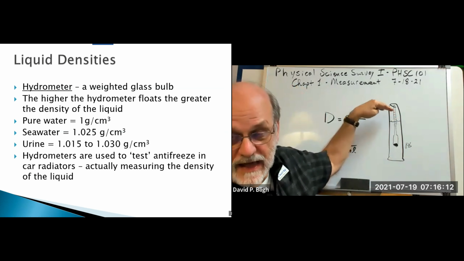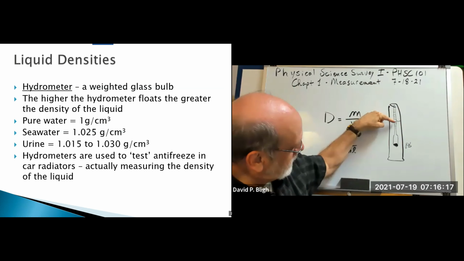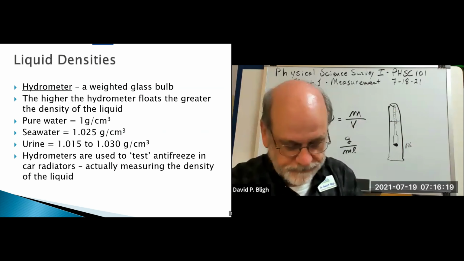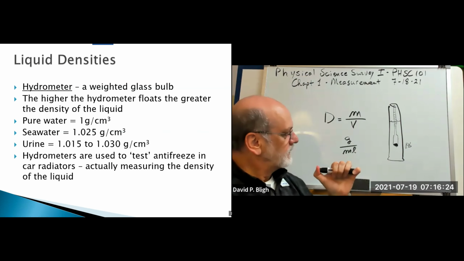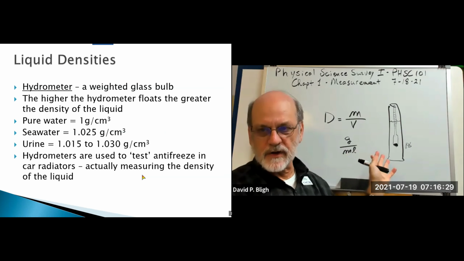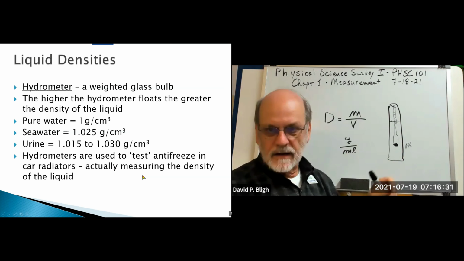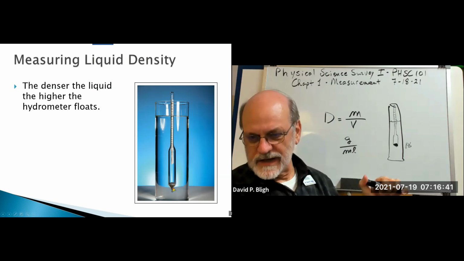You put that hydrometer in your liquid, and where it settles down, you read right here at the level of the liquid the density of your liquid. Okay? And it's based upon Archimedes' principle, but we're not ready to talk about that yet. Oh, I forgot I had a picture of one. So there you go. There's your lead in the bottom, and there's the measuring scale inside.